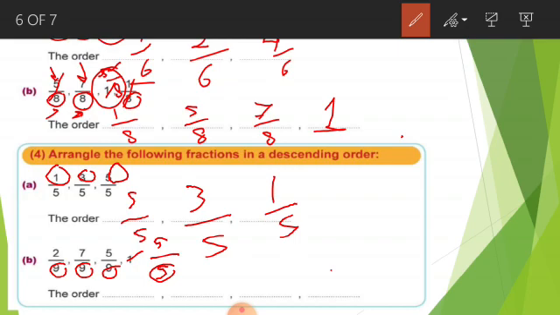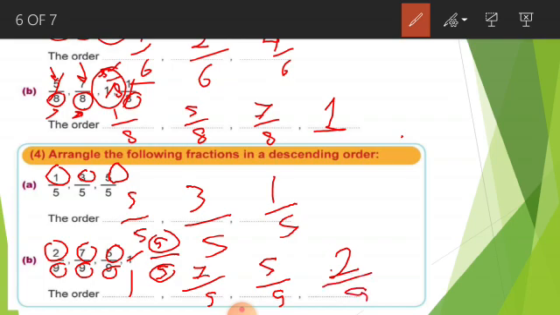Where is the biggest one? 2, 7, 5 or 9. 9, which is 9 over 9, that is 1. The next one is 7 over 9. After it, 5 over 9. The smallest one is 2 over 9.